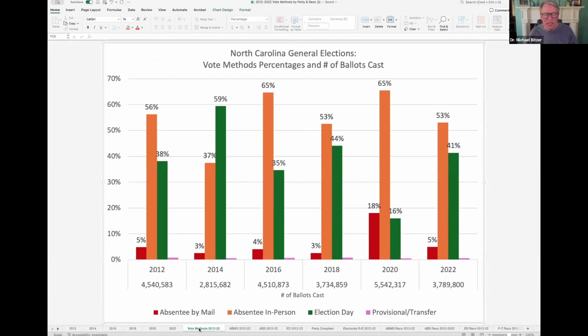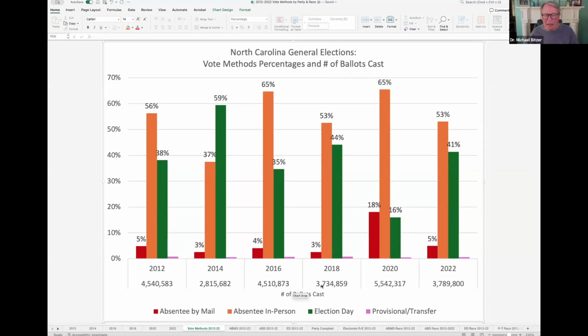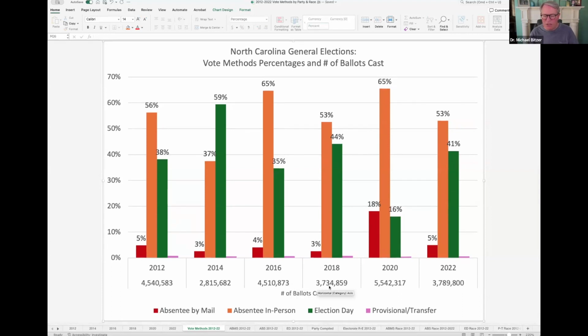You can see how in each election, presidential and midterm, the ballots were cast using the different vote methods. I include at the bottom the total number of ballots cast just to give folks a sense of the raw numbers. But in 2012, 56% came through absentee in-person.